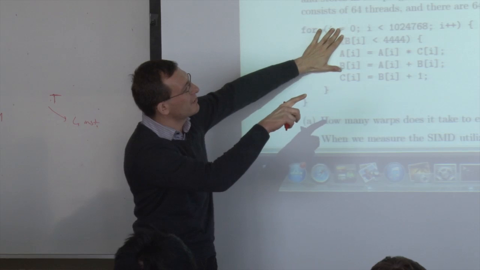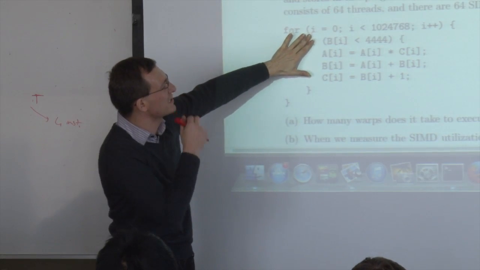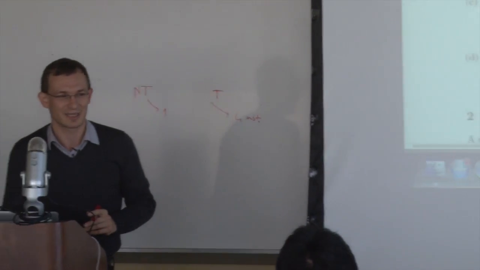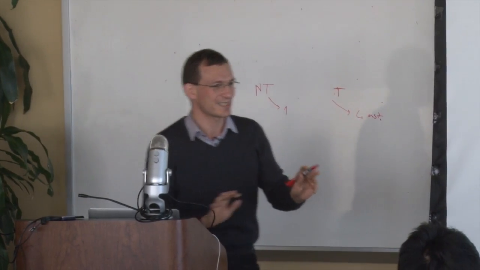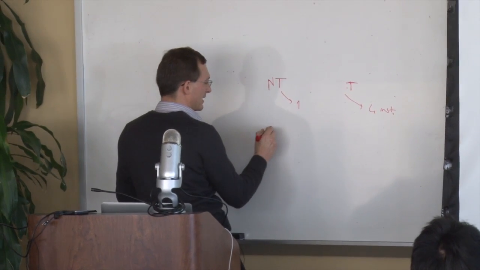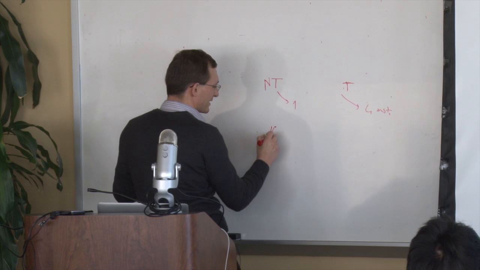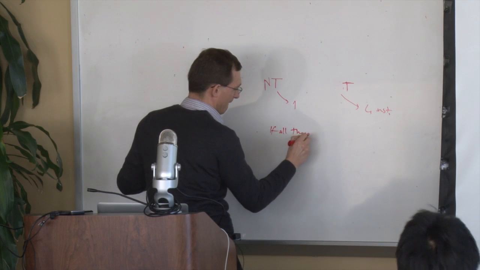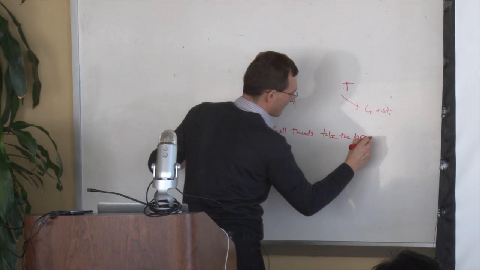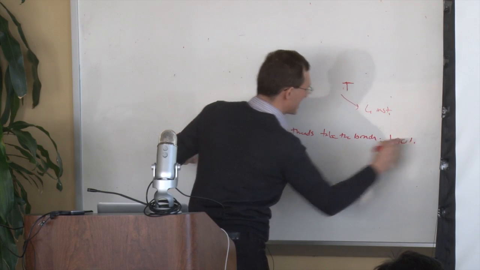Now the question is, how can you come up with that SIMD utilization of 67 divided by 256? And that's the part that I don't want to give out exactly. So if all threads take the branch, your SIMD utilization is 100%.